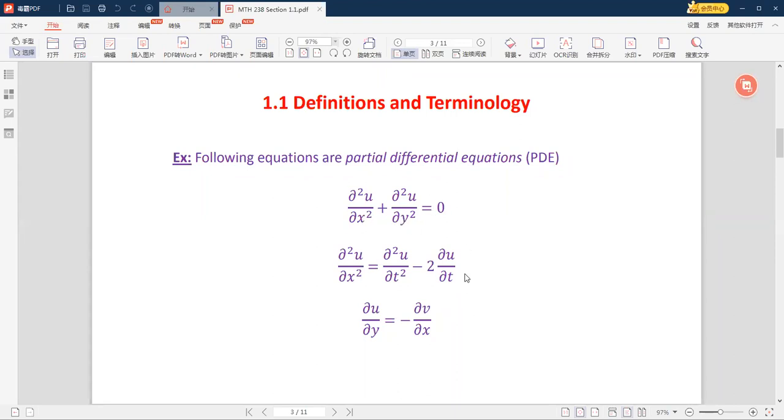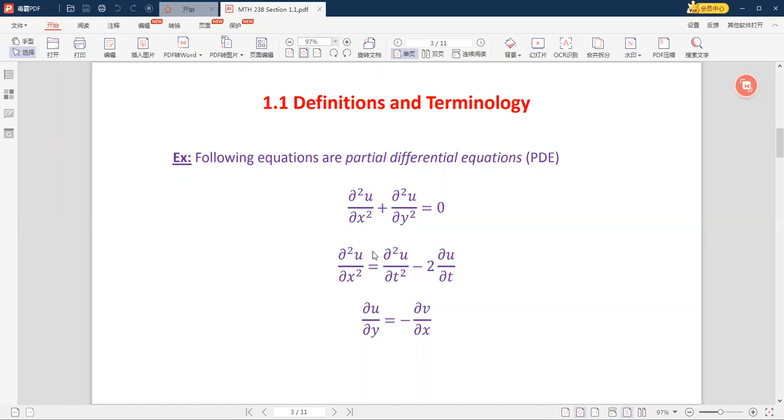In the second equation, similarly, we got the two independent variables, x and t, both are independent variables. And again, we only have one dependent variable, u, and we have all the partial derivatives with respect to x and t. Again, we got the second partial derivatives and the first order partial derivatives.